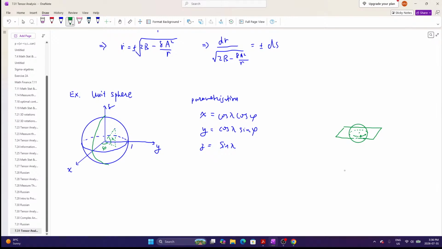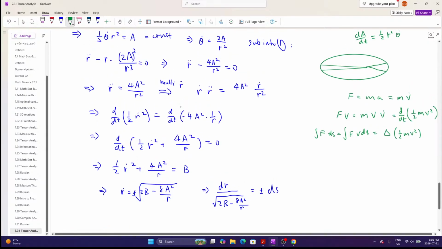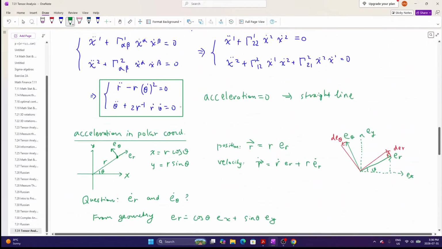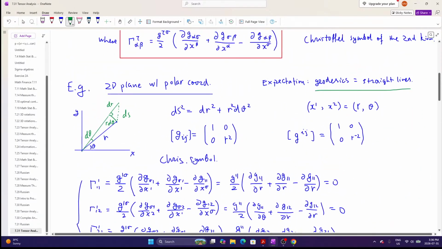So we hope to be able to recover that. Although the annoying thing is that even though the geometric intuition is clear, just like in the previous case, where we've been working on the 2D plane, the geodesic should be a straight line. This is intuitive.